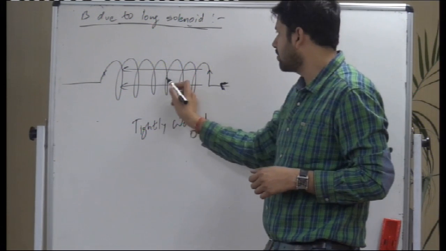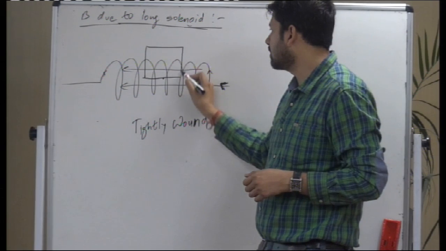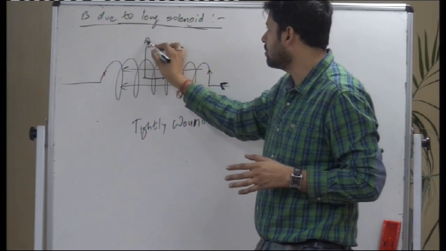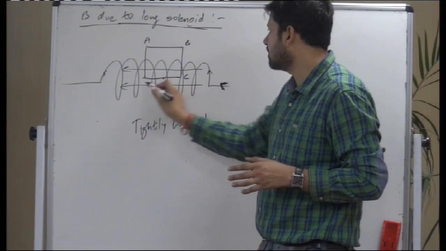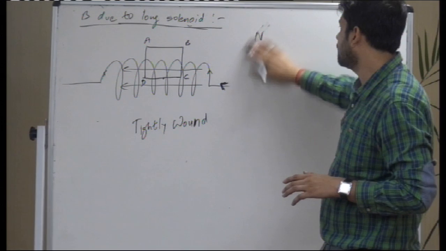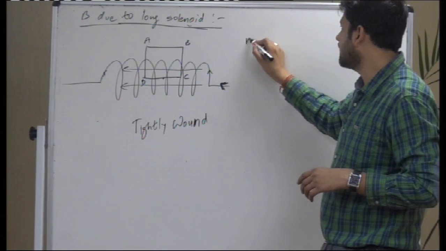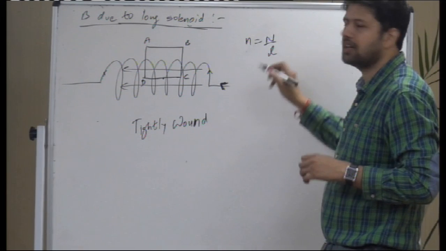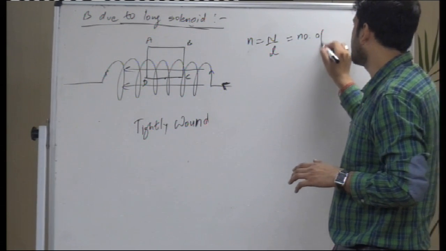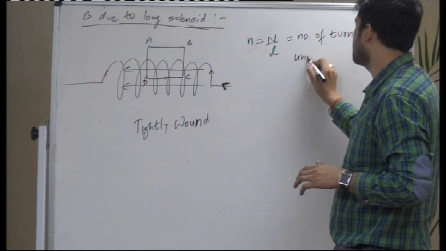For the inner portion we take a loop here. You have already done this, so I won't take much time. Let the total number of turns be capital N and the length L, so n is equal to N by L. This is the number of turns per unit length.